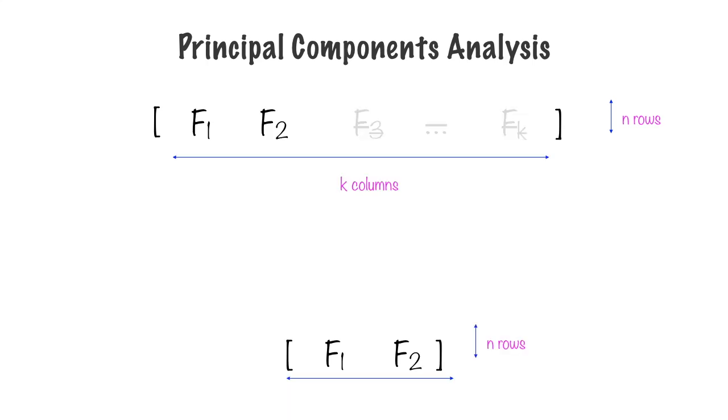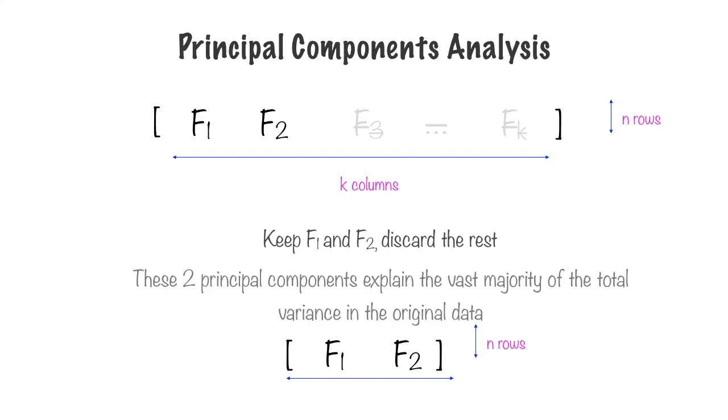Once you have expressed the data using principal components, you can capture most of the information in the underlying data using fewer dimensions. This is dimensionality reduction. If you were to choose, say, the first two principal components to represent this data, these components explain the vast majority of the total variance in the original data. Remember, we picked those components based on the direction which captured the highest variance, second highest variance, and so on.